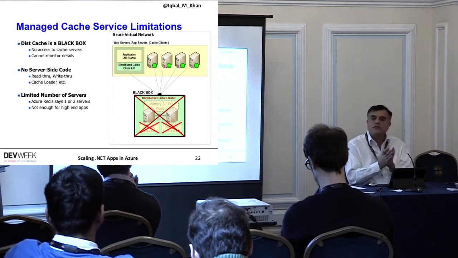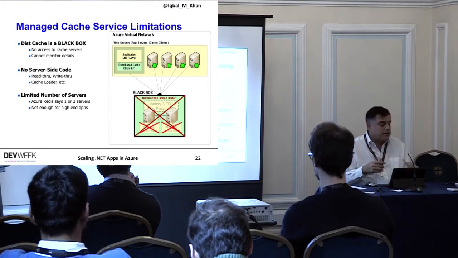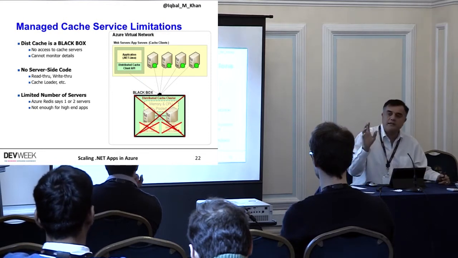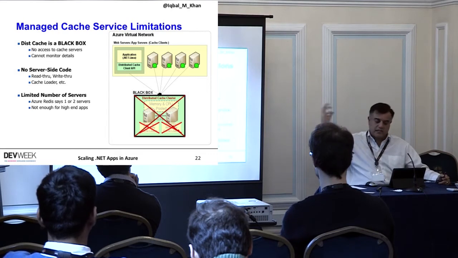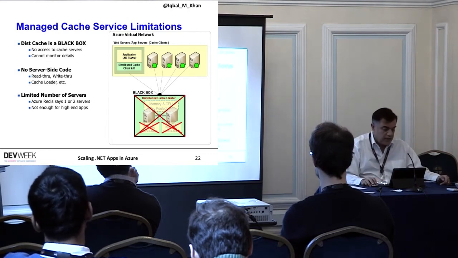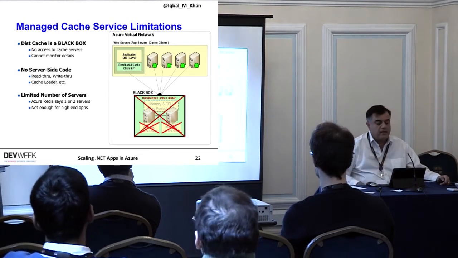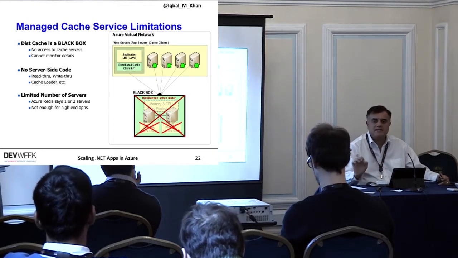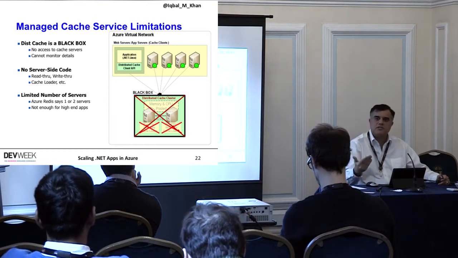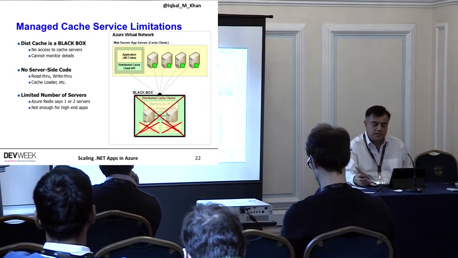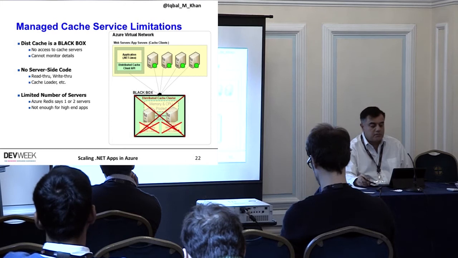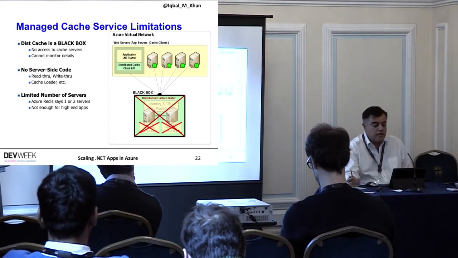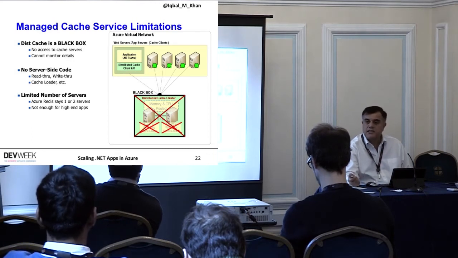But whatever Microsoft is providing, they're not providing anything on the virtual machine. The only thing that is available from that perspective is NCache. And I'll explain why I think virtual machine is the better strategy. And I'm not saying NCache. I'm saying virtual machine, any distributed cache, is a better strategy because managed cache service, although it's easier for you because you don't do anything, it's also very limiting.